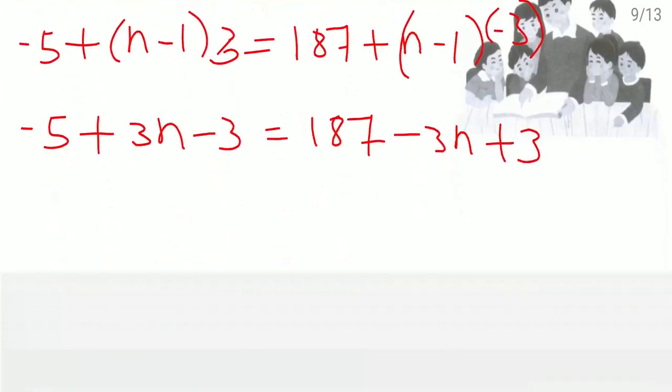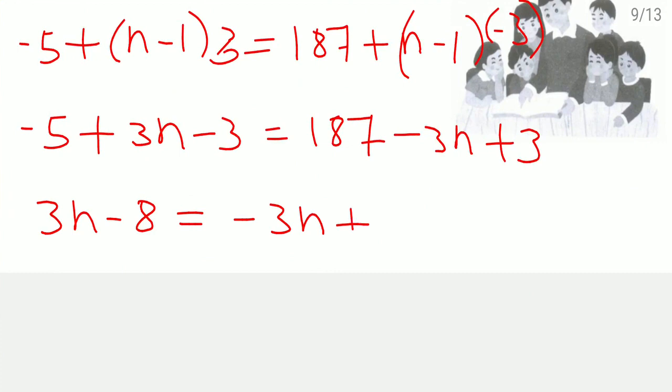Okay. Now see what happens. This is 3n minus 8, which is equal to minus 3n plus 190. Now minus 3n, I'll bring it here. It will become 6n, which is equal to 198, because this minus 8 will go that side.